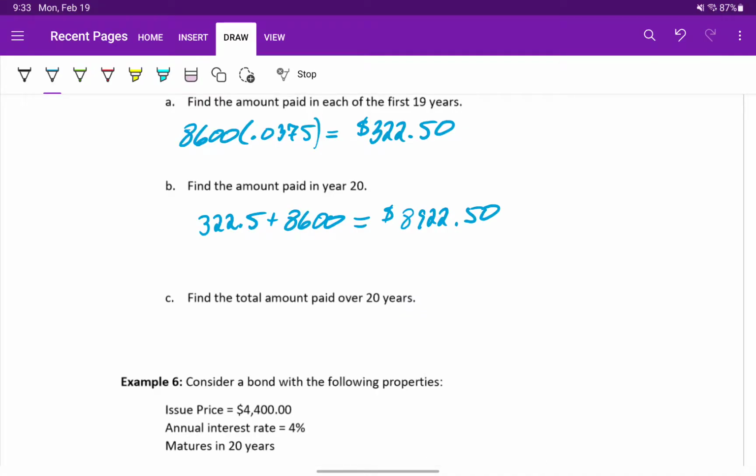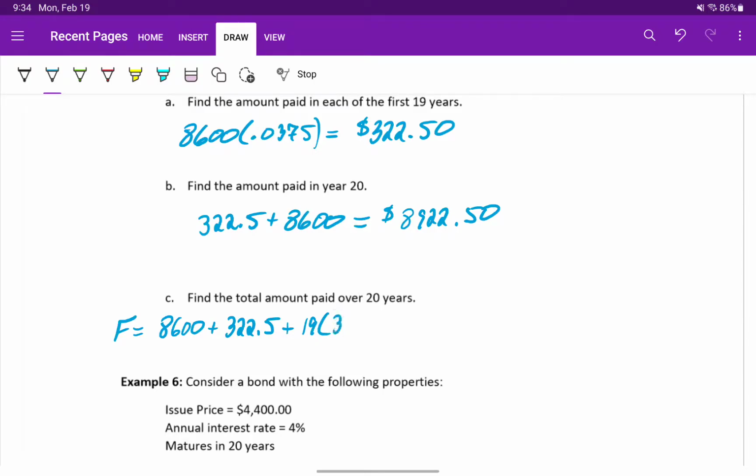That means that the total amount that we make over that 20-year period, that future value F, would be the $8,600, our original investment, plus the $322.50, the interest that we were paid in that 20th year, plus the preceding 19 years of interest that were paid out to us.